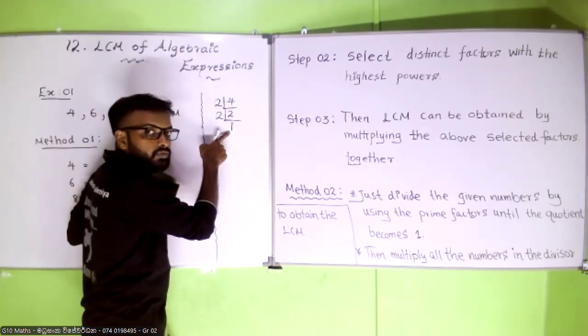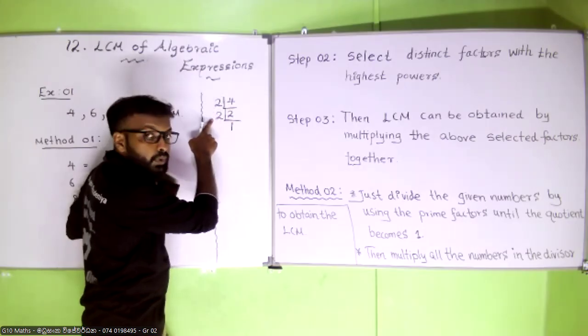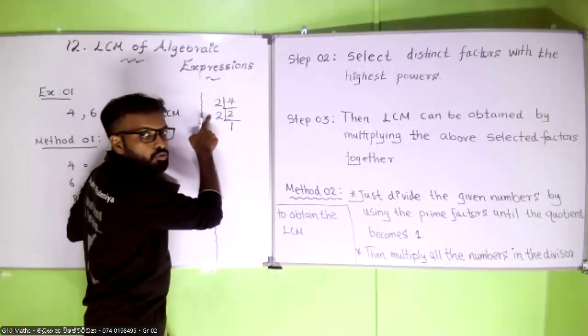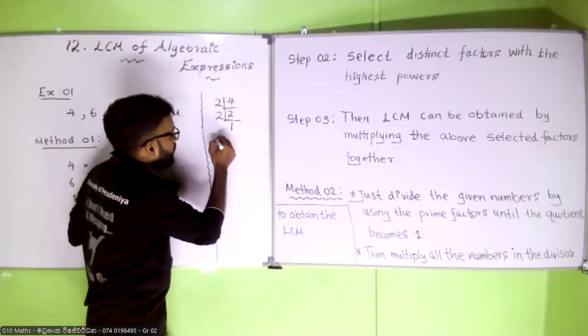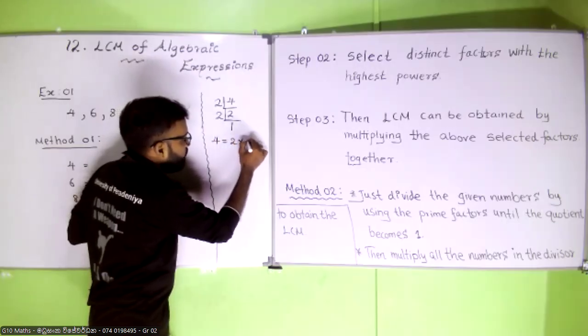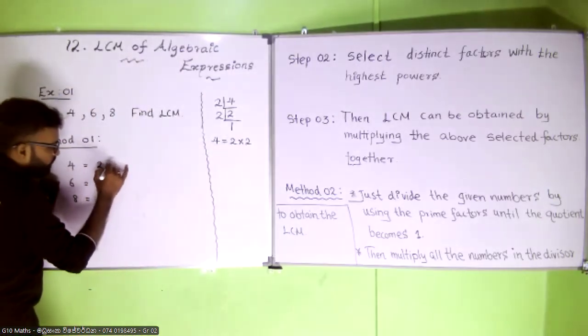Until the quotient becomes 1, you have to divide your number 4 by its prime factors only. So the quotient becomes 1. You can represent number 4 by its prime factors: 2 times 2.